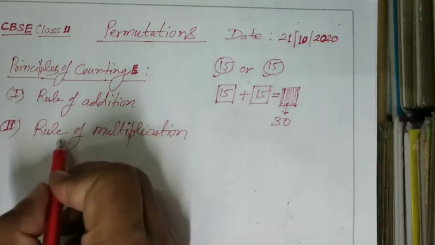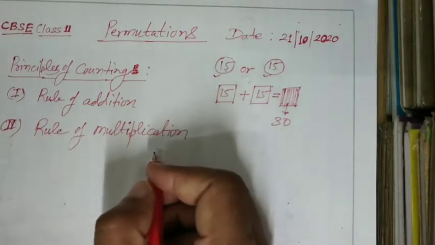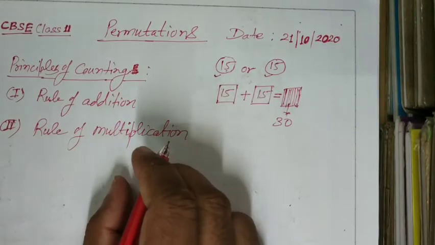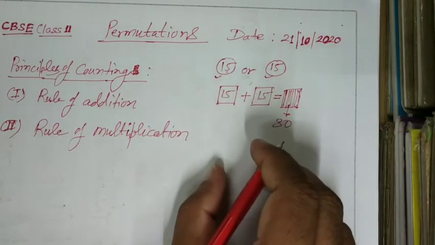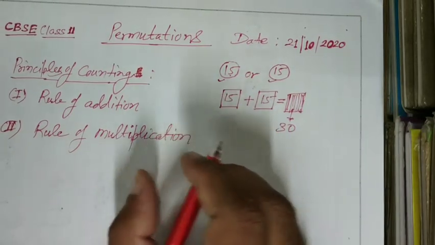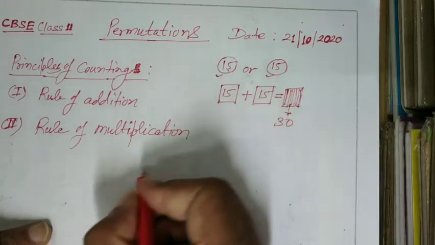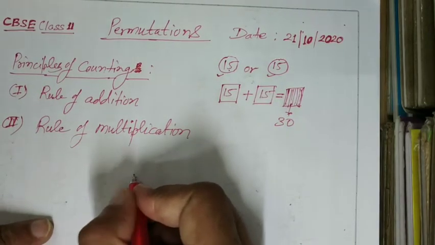Now, if we talk about the rule of multiplication, this law is applied when the task is not completed by any one component, where multiple components are there and the product of all those components has to be taken to get the total number of ways. Let's take one example, it will be easier to understand.